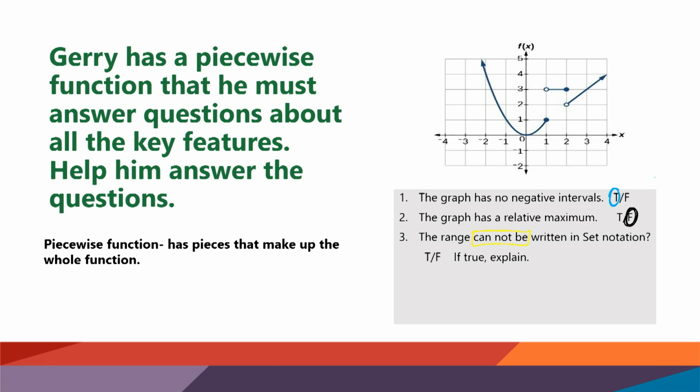My range is all my y values, and it looks like all of my y values are above my 0 or my x-axis. So I could say that y such that all of my y's are greater than or equal to 0. Is that not set notation?